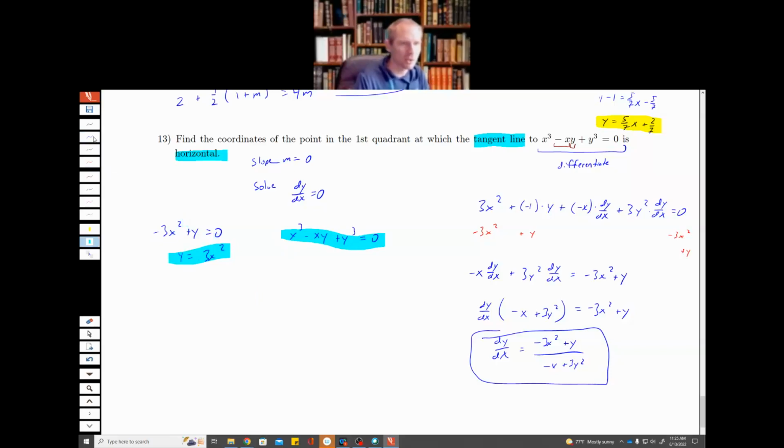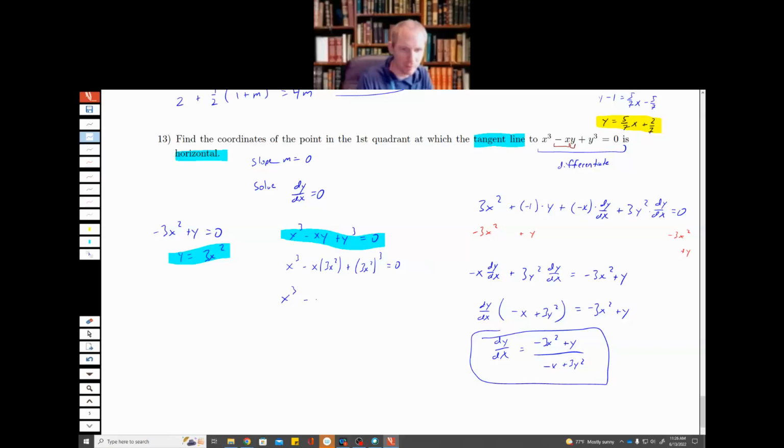Okay, so I'm going to solve using substitution, and this first equation gives me that y is 3x squared, so I can replace my y's with the 3x squared. Okay, so now I have an equation with just one unknown. Let's see how that goes.